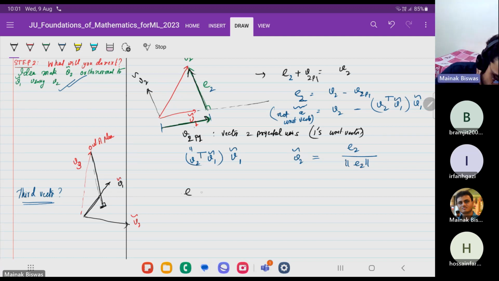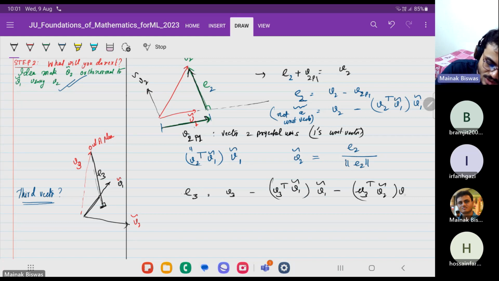So what will I do? The error vector E3 will be nothing but V3 minus V3 transpose V1 tilde into V1 tilde, minus V3 transpose V2 tilde into V2 tilde. Yes or no? I'll subtract both the components to get the third component.